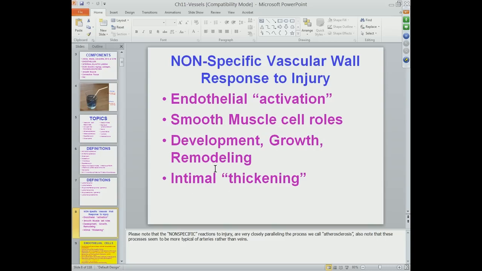And as this process evolves or progresses, like the inflammatory saga, it will result in intimal thickening. Now remember, these are all non-specific vascular wall responses to injury. They sound like the saga of atherosclerosis in general, but it's not. It's a non-specific vascular response.